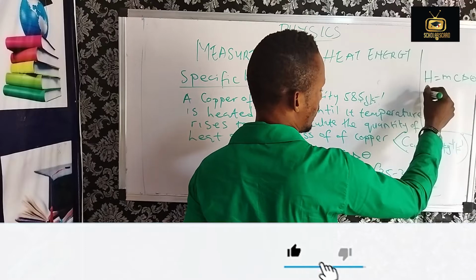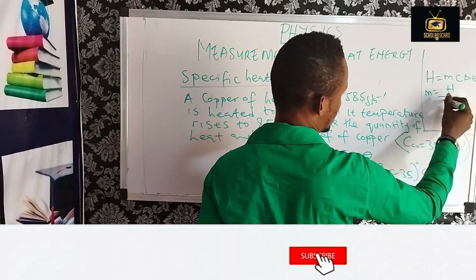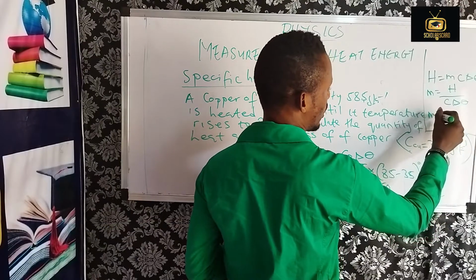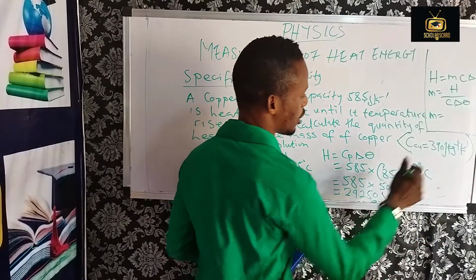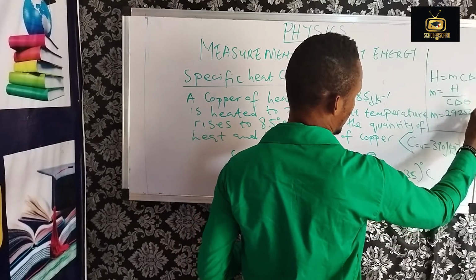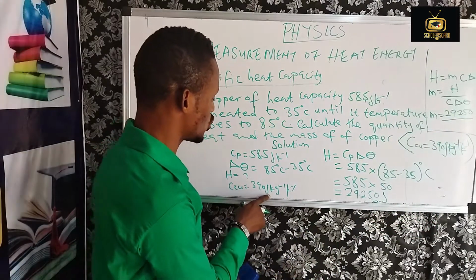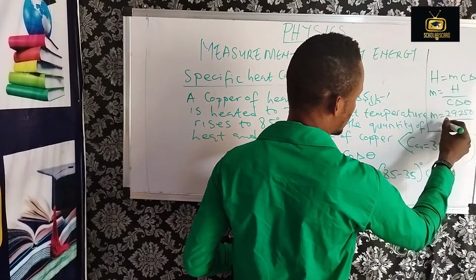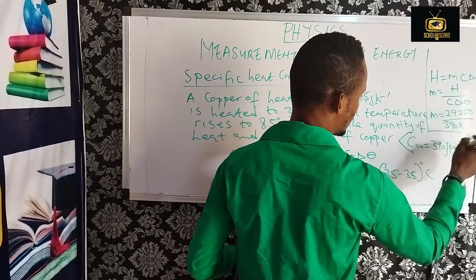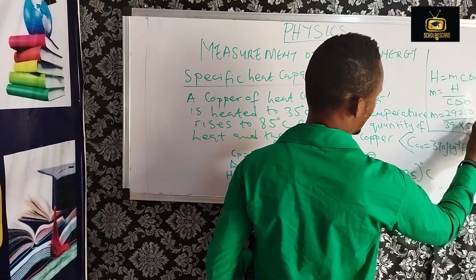So mass equals heat over C times change in temperature. We have the heat as 29,250 divided by the specific heat capacity of copper, 390 joules per kilogram per Kelvin, multiplied by the change in temperature, 85 minus 35, which is 50.